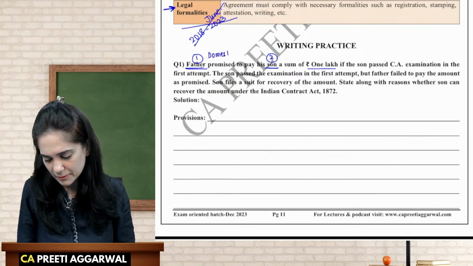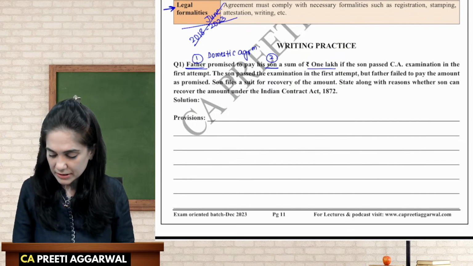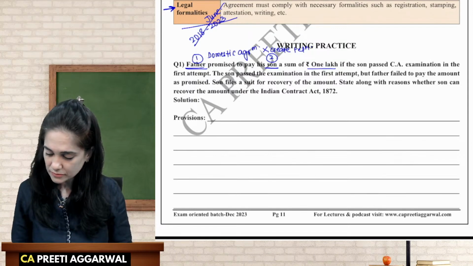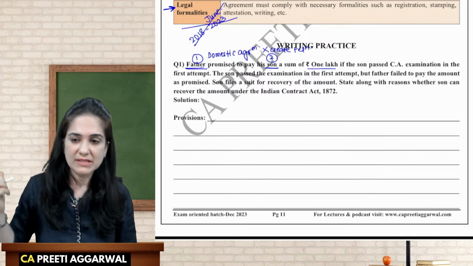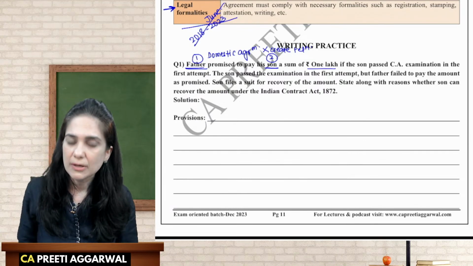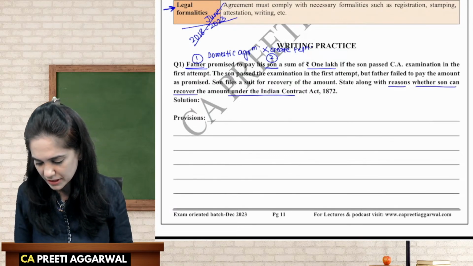Okay. So, first, when you read this, you should immediately be able to identify that this is a domestic agreement. Then you continue reading. Domestic agreement, there is no intention to create legal relationship. Now, the son passed the exam in the first attempt, but the father failed to pay the amount as promised. Son files a case. State along with reasons whether the son can recover the amount under the Indian Contract Act.